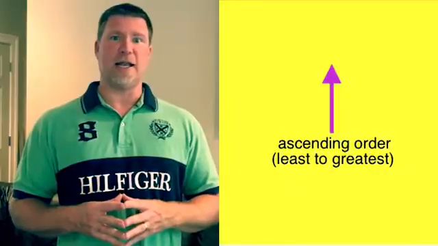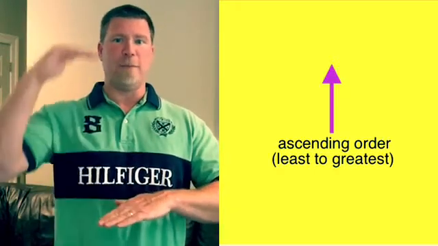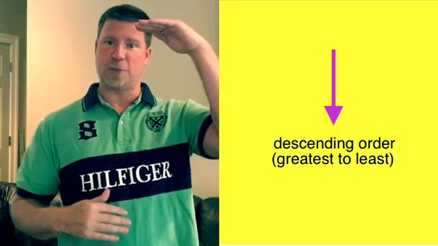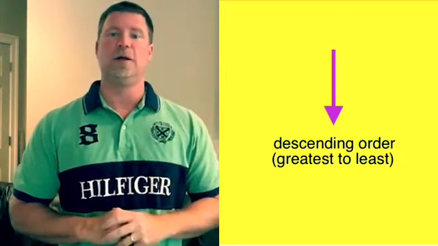And no, you cannot use calculators or Uber Eats. We're going to compare these numbers in value to each other and then place them in a specific order, such as ascending or descending order. Ascending is starting at the lowest point and moving up to the highest point. Descending would be the opposite, which is starting at the highest point and moving down to the lowest point.